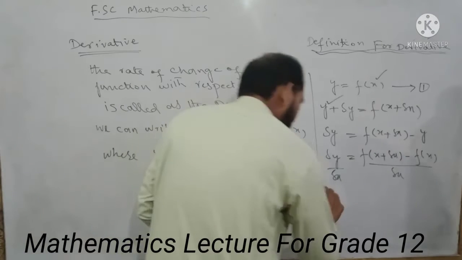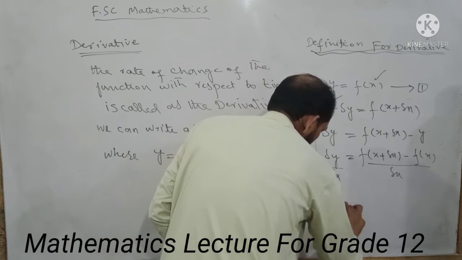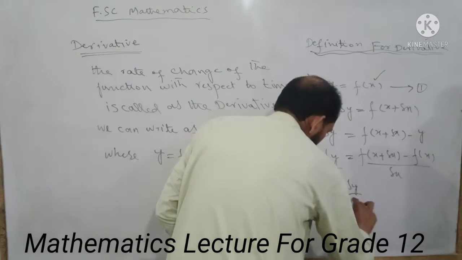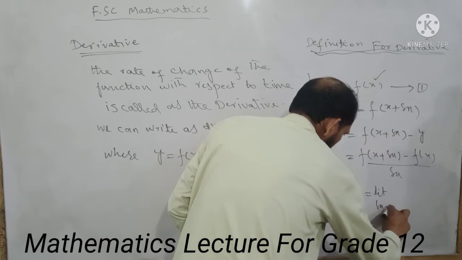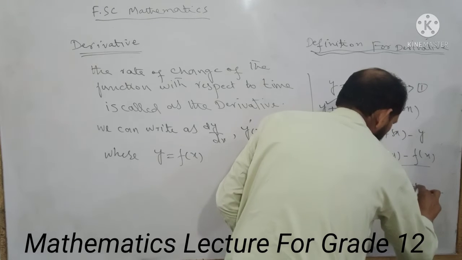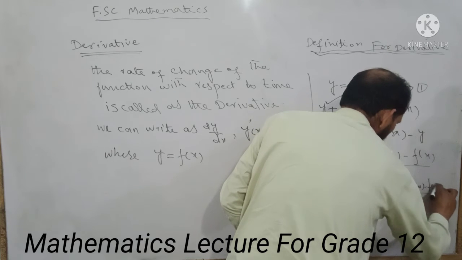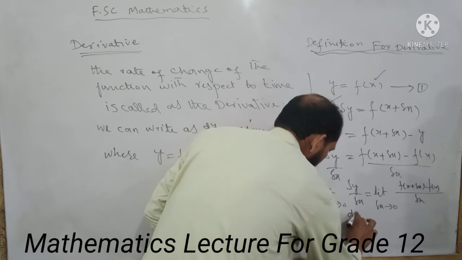Now after this, we take the limit with respect to del x on both sides. Limit of f of x plus del x minus f of x over del x. So we can write it as dy over dx.